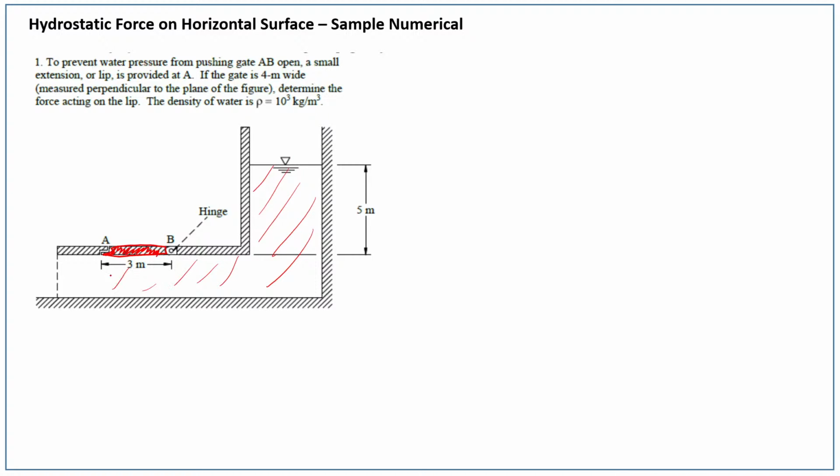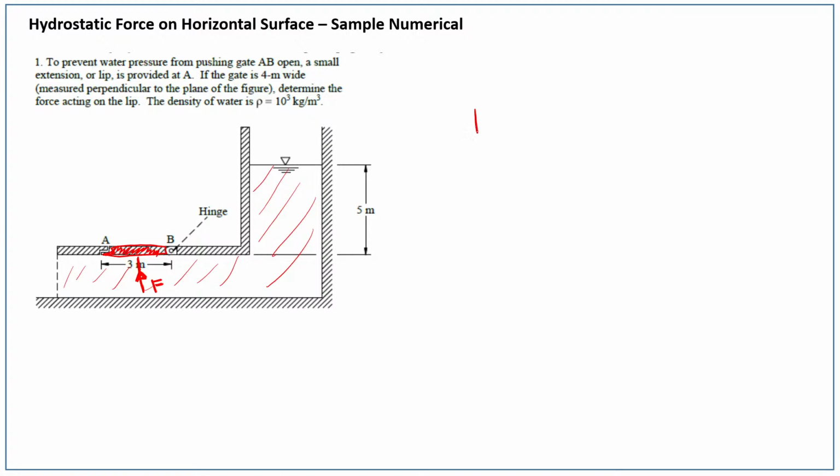So this is your fluid, and you can see this is a horizontal plane surface, and the fluid pressure will act in this direction. In other words we can say that in this direction the hydrostatic force will act, and we want to find out this force.